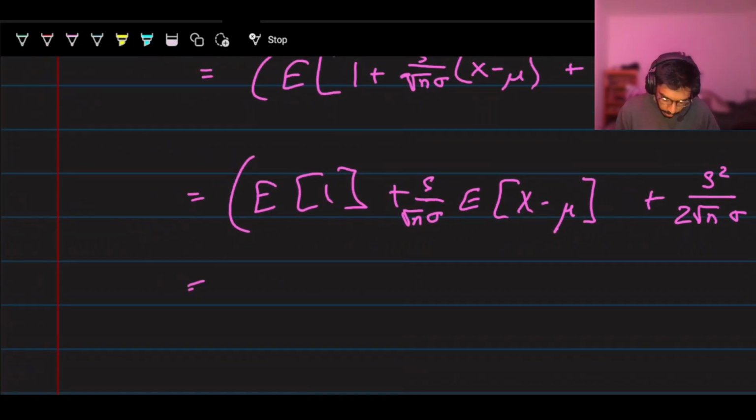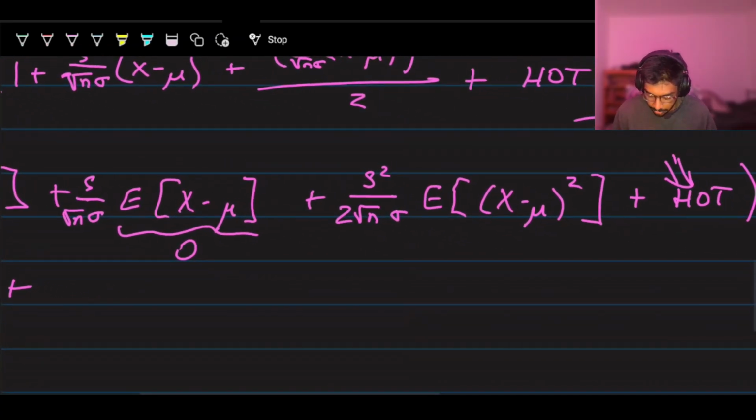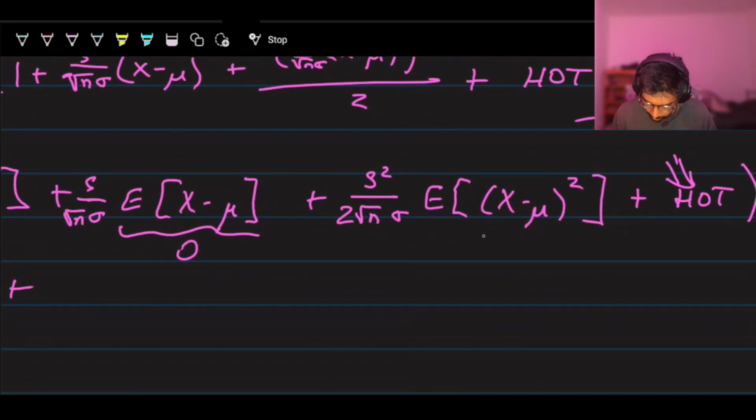The expectation of 1 is 1. The expectation of our random variable minus its mean is obviously 0. And the expectation of the mean squared, by definition, is our variance.